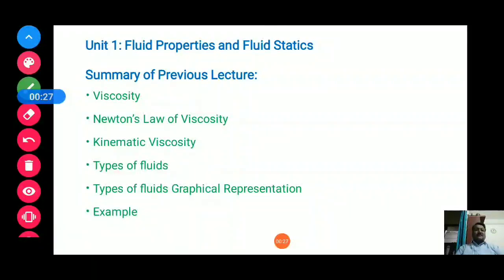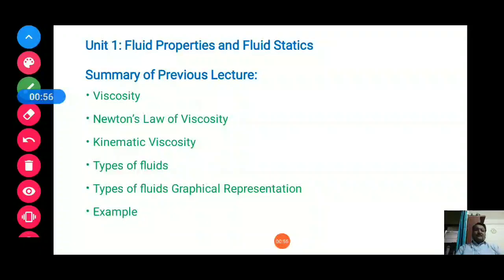Newton's law of viscosity: according to Newton's law of viscosity, shear stress is directly proportional to the velocity gradient, which is also called the rate of shear deformation or rate of shear strain. Kinematic viscosity is nothing but the ratio of dynamic viscosity to the density.